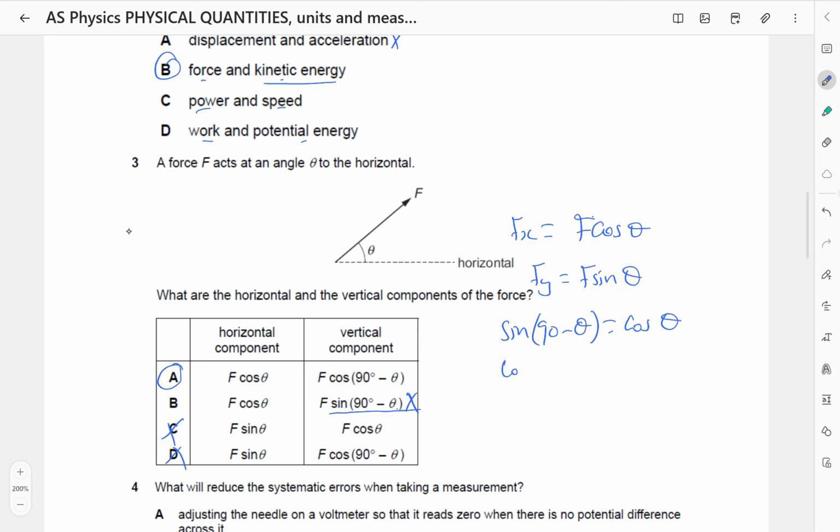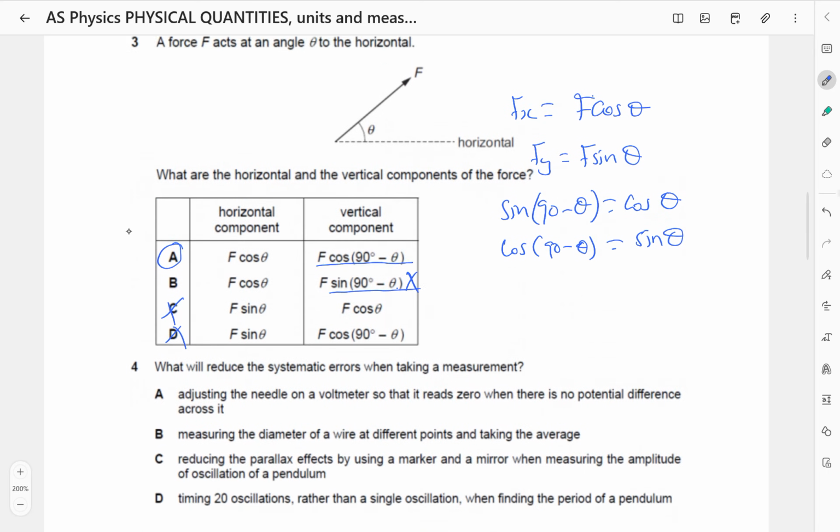The cos of 90 minus any angle is the same as the sine of that angle. So this is the same as F sine of theta. So our answer is going to be A. You can check by putting there a small angle such as 30 degrees and verify that.